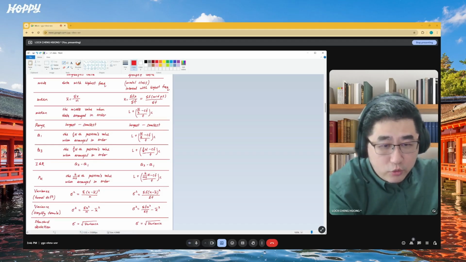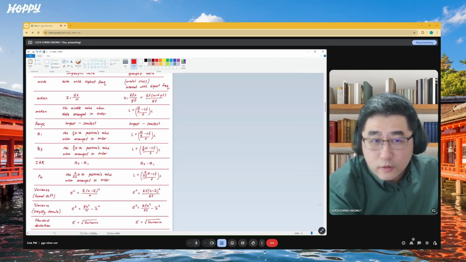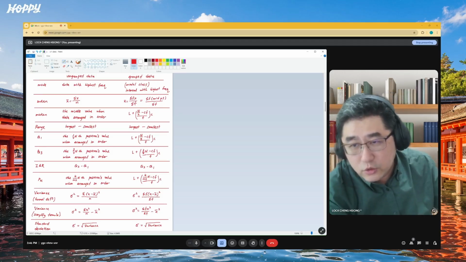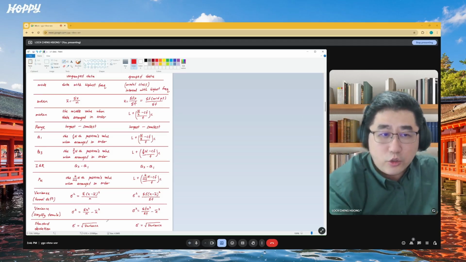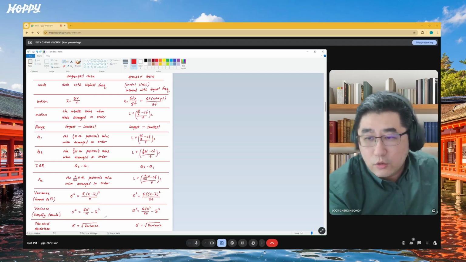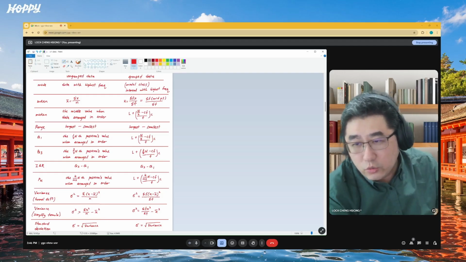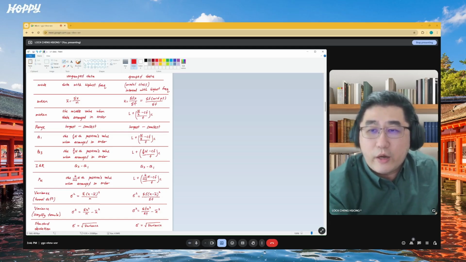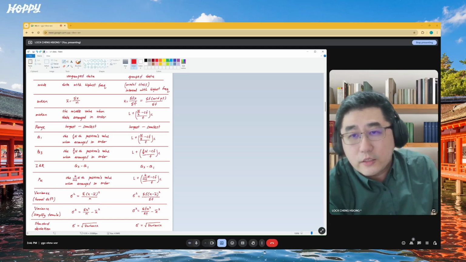You can crop this page and save it on your screensaver or something, so that you know these are everything you need to summarize when you are given data.